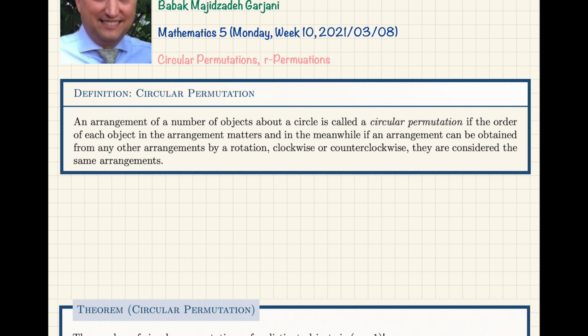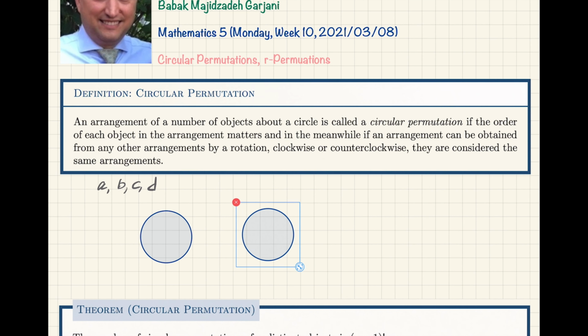So for example, consider four objects. Let us consider four letters, A, B, C, and D. And then let me consider a circle here. Let me just take this one, copy it, and paste it here.